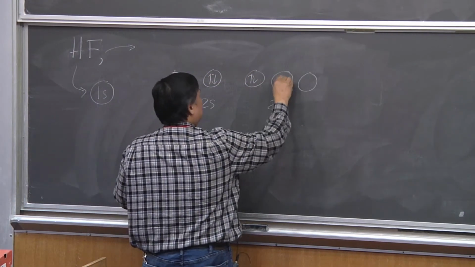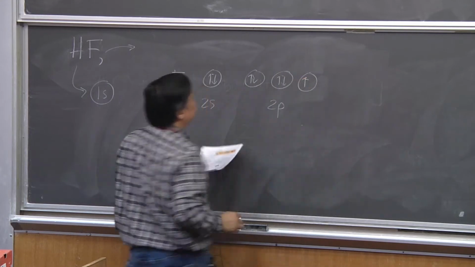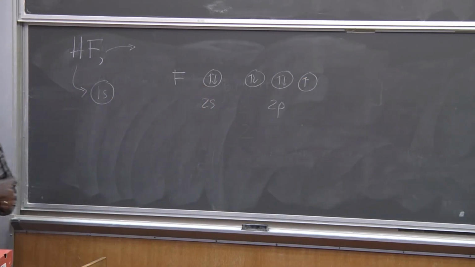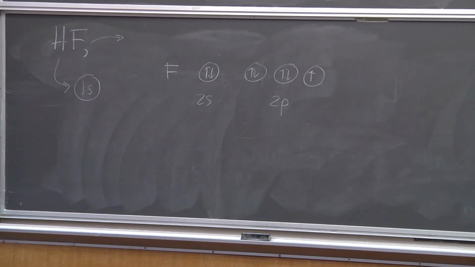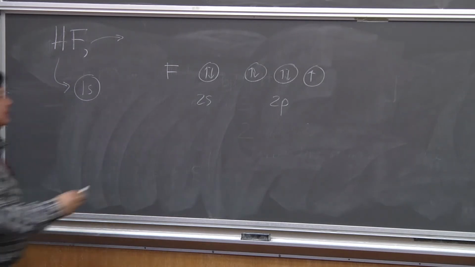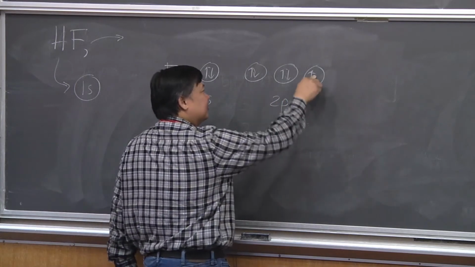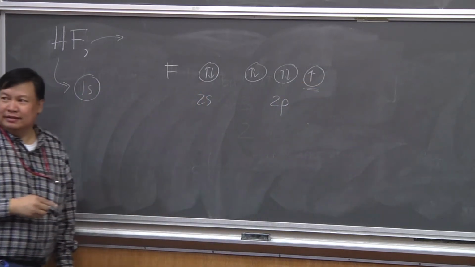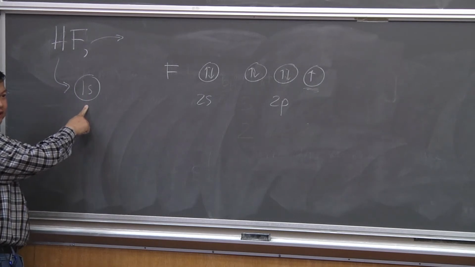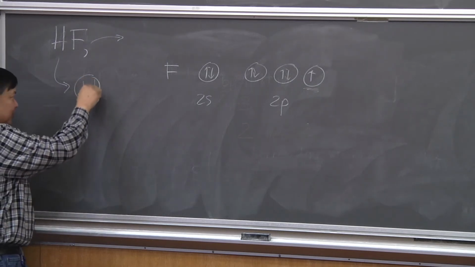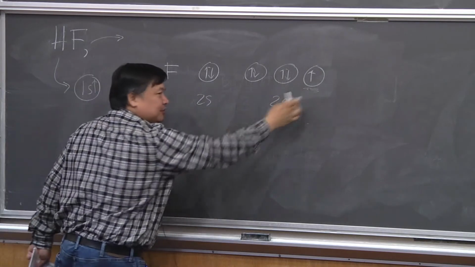That's the valence orbital for fluorine. Which one am I going to use for the sharing of electrons? The 2p, because this is the one that's only half filled. The 1s only has one electron, and this has one, so perfect.